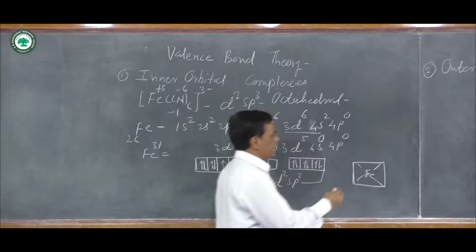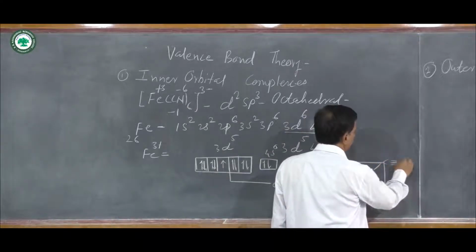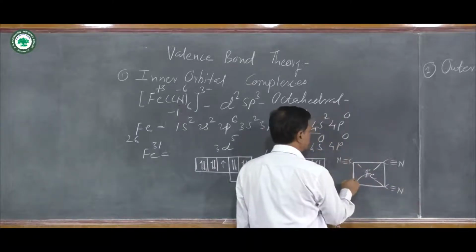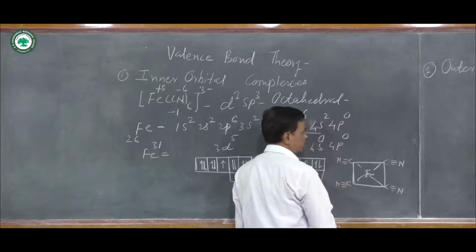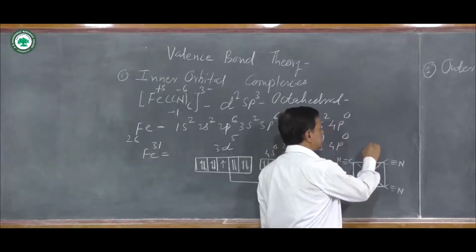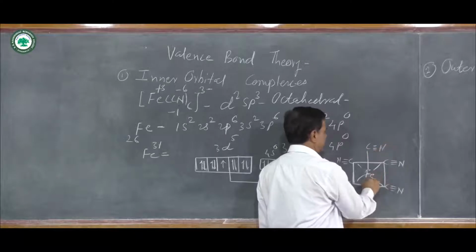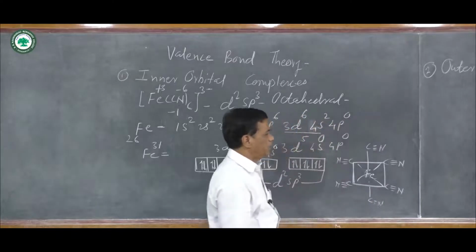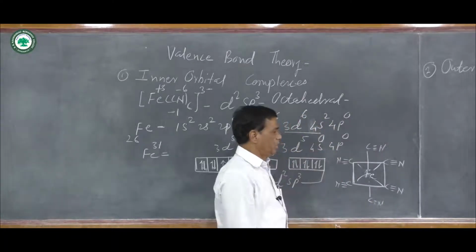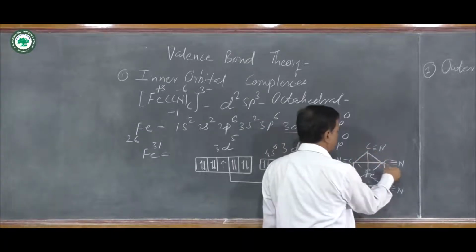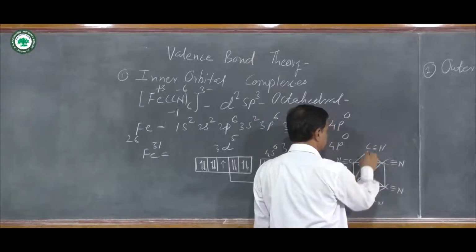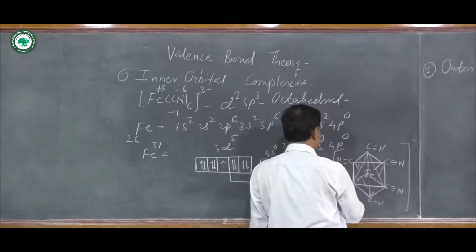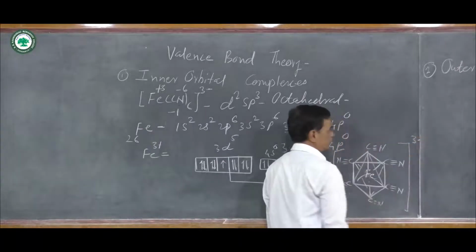Then there are 6 cyanide ligands, each with C triple bond N. One cyanide ligand is above the plane and another cyanide ligand is below the plane, and this octahedral structure is formed. Actually, the shape of this complex ion is like this, and the charge on the complex is 3 minus.